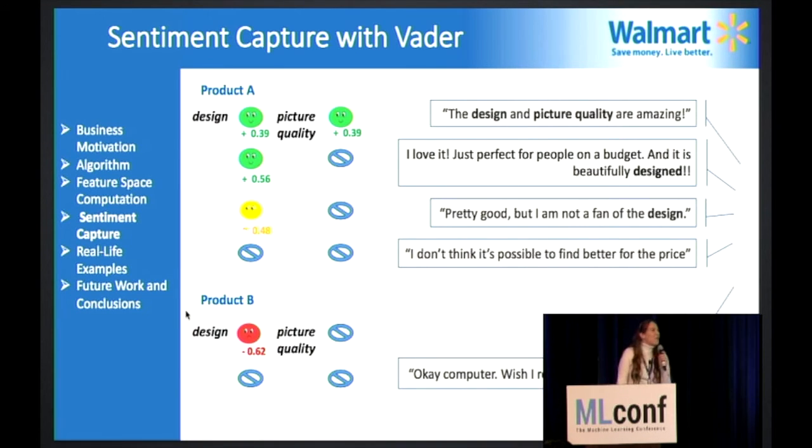So how do you bring it all together? Remember earlier I was talking about getting features, getting reasons why people choose a computer. For a laptop computer, some of the top features might be design and picture quality, for example.